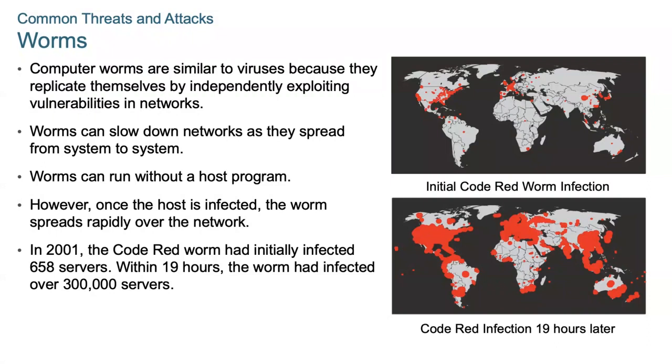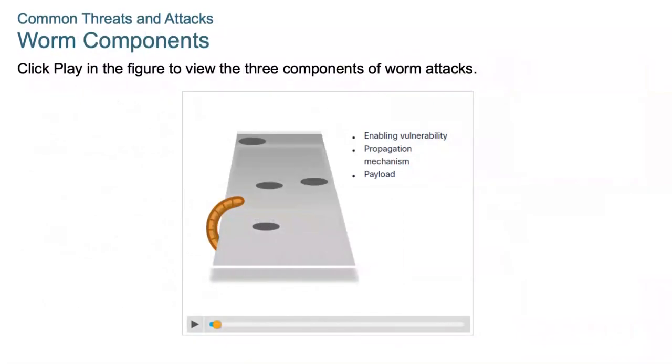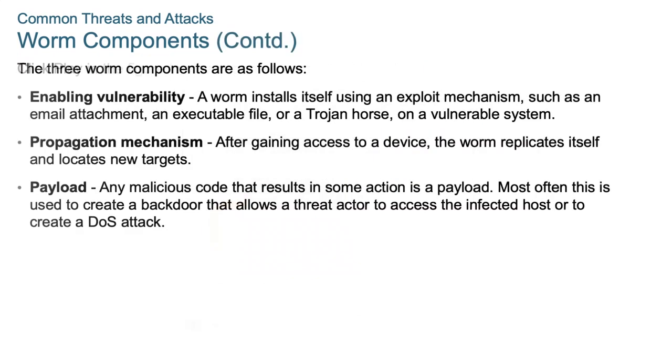So there are different types. The component of your server that enables the vulnerability is the worm component, and that will propagate. The propagation will be done through some mechanisms and payloads. So these are the basic components of the worm. What happens inside this?